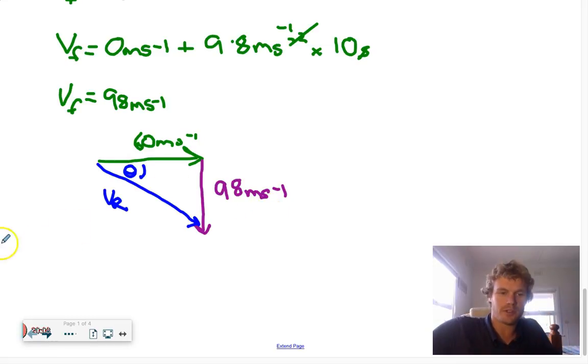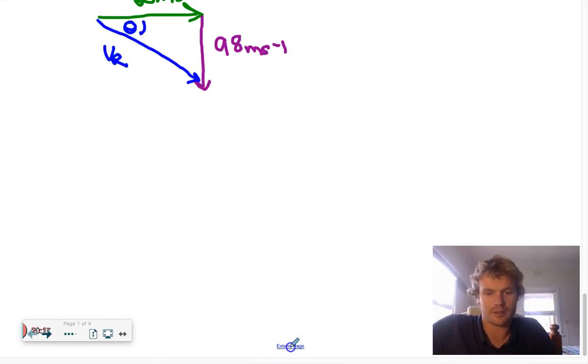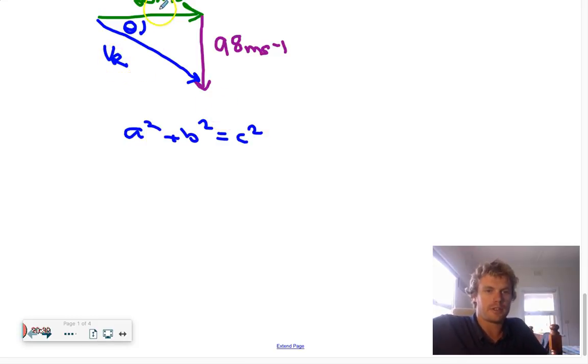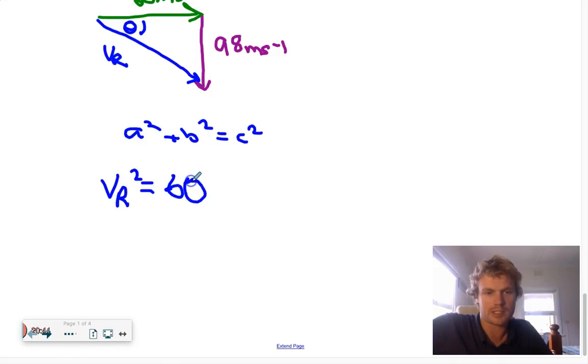So to work out my resultant velocity, I'm going to use Pythagoras to find out the length of this side. So Pythagoras is a squared plus b squared is equal to c squared. So this side squared add this side squared is equal to that side squared. So my VR squared is equal to 60 squared add 98 squared.